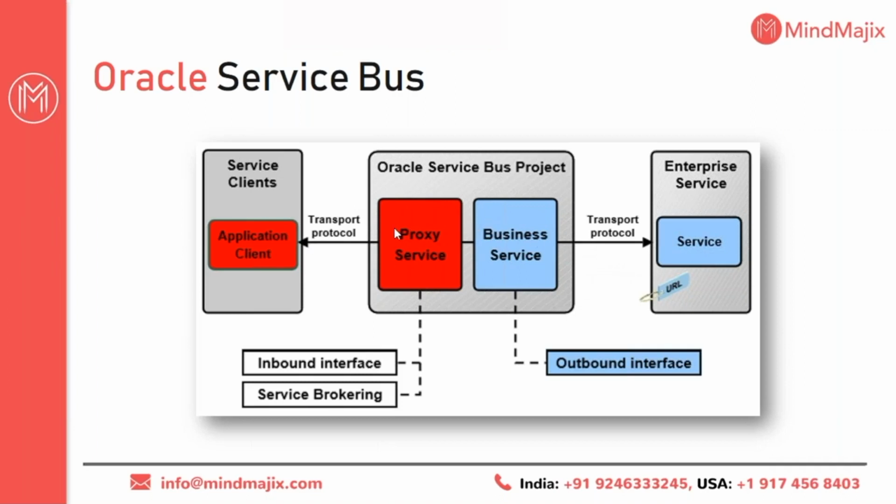We always utilize the proxy service to interact with the source system, because the structure is made in such a way. We have a connecting point called the pipeline, which connects the proxy service and the business service. The business service in turn interacts with the target system. This is how the architecture is made.